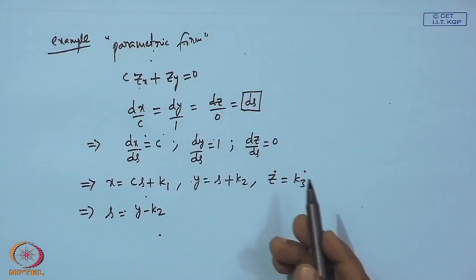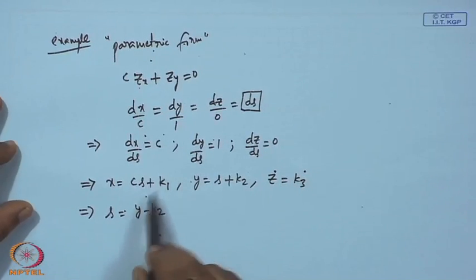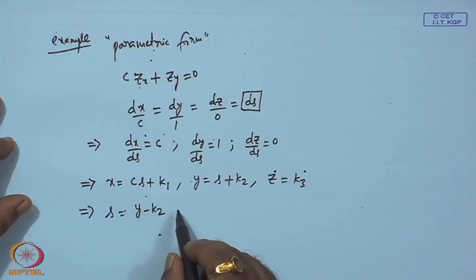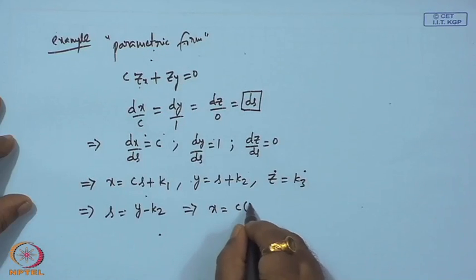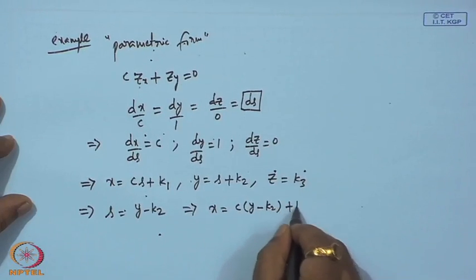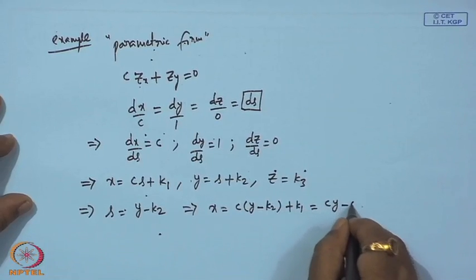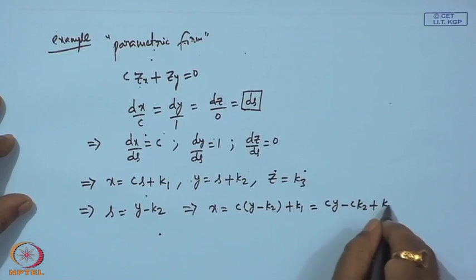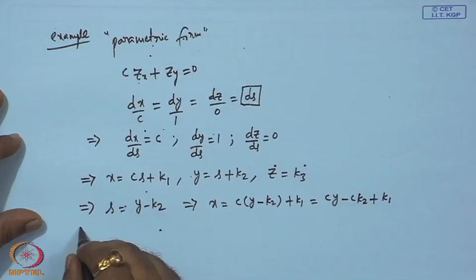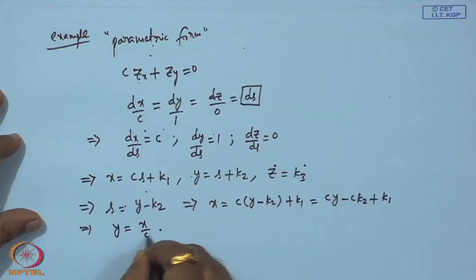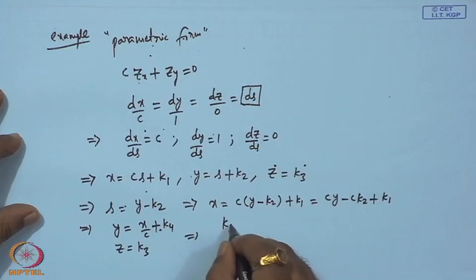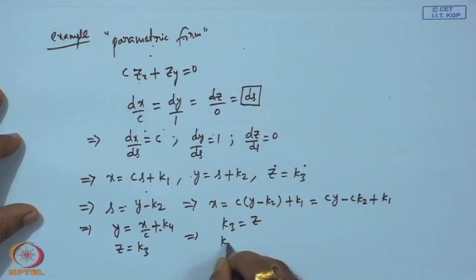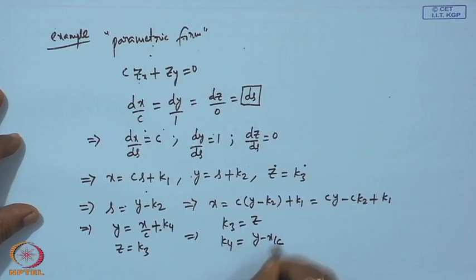So what is our aim? We get the characteristic curves only when we eliminate the parameter S. So this implies x is this, so this implies y is... Okay. So this implies k 3 z some k 4.